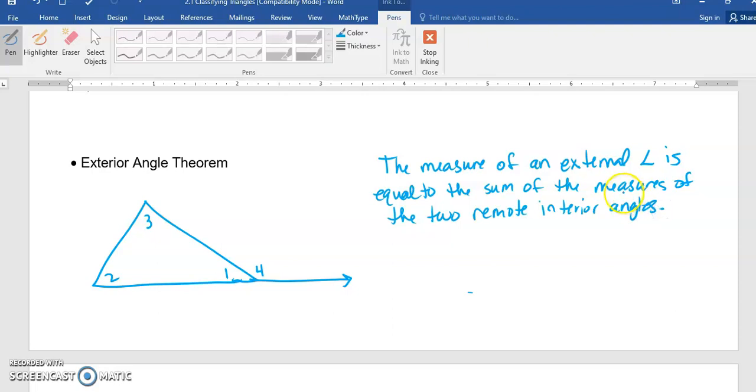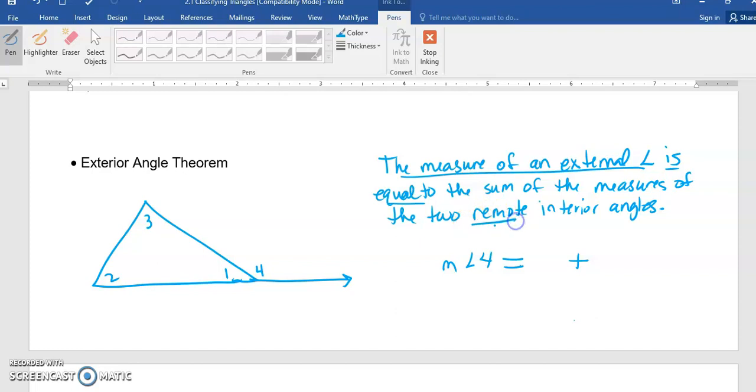Okay, so the measure of an external angle, in this picture, that's angle 4. So the measure of angle 4 is equal to the sum, that means we're going to add, of the measure of the two remote interior.